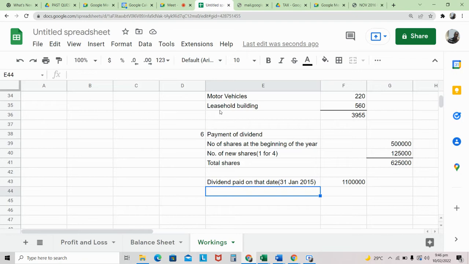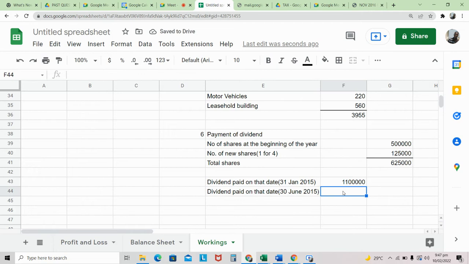So who can tell us how many shares there were on 30th June, based on the workings we did? 625,000 shares. Okay, very good. So on this 30th June, the company had this number of shares.